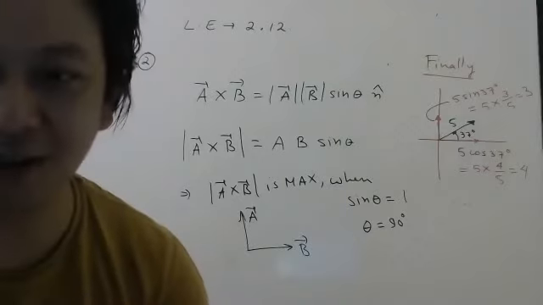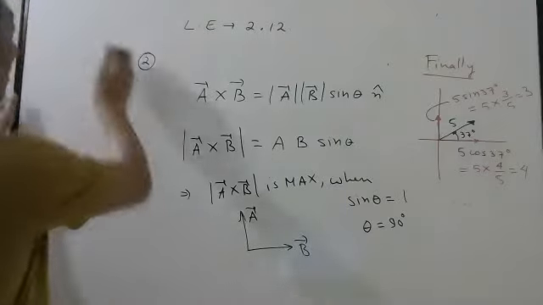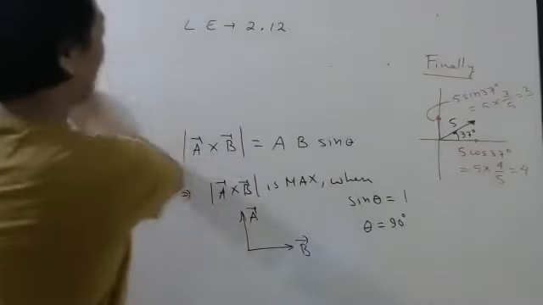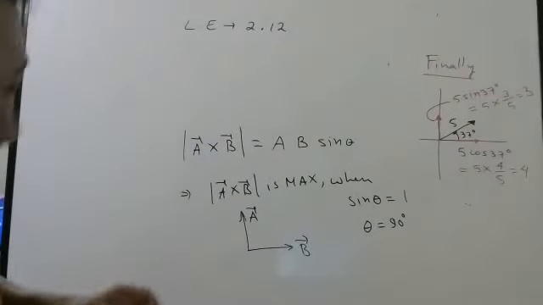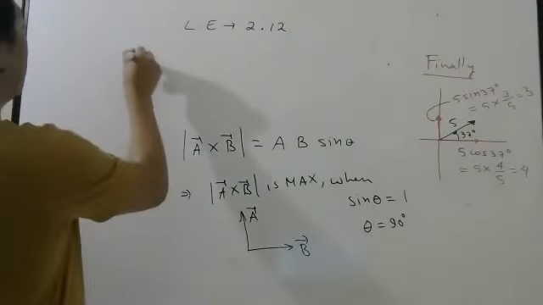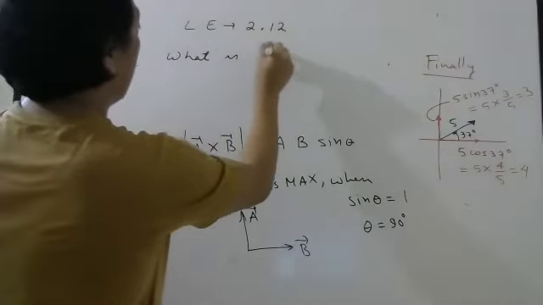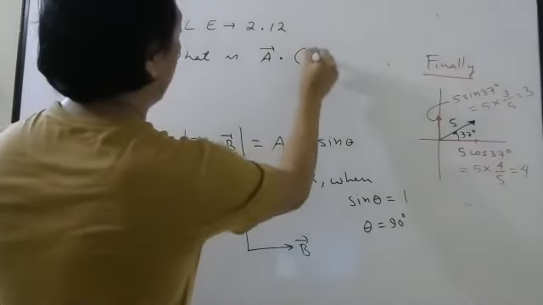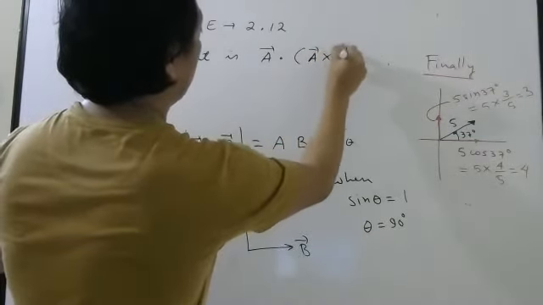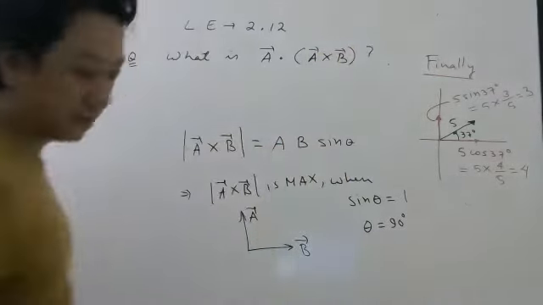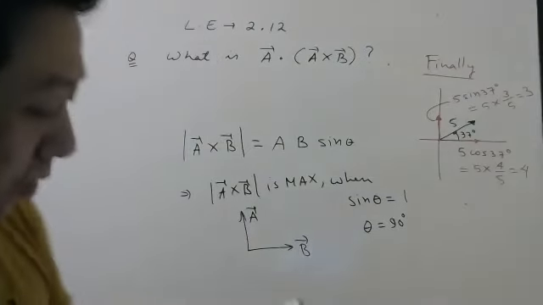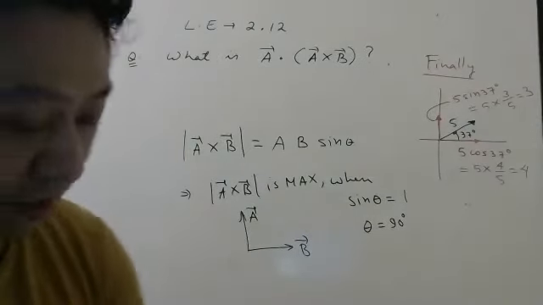Question number 3 is one of the most beautiful questions. What is A bar dot A bar cross B bar?